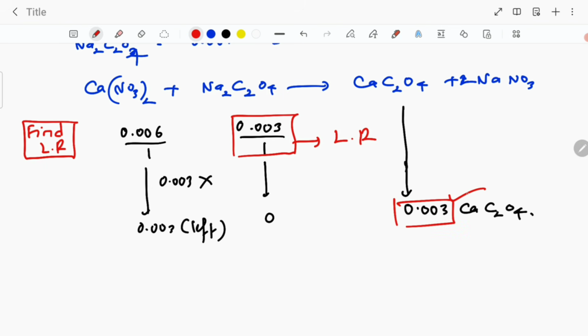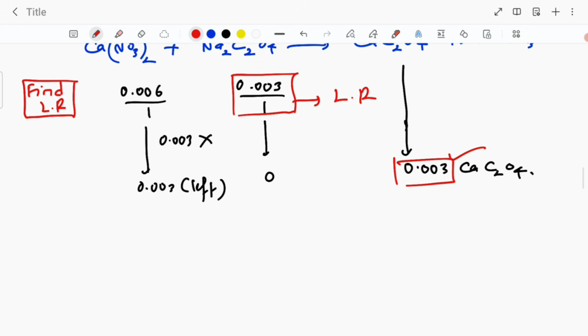Second option: after the reaction is complete, 0.003 molarity of Ca+2 will remain in excess. Let us see. Molarity of calcium nitrate after the reaction is equal to the moles left, 0.003 moles, over the total volume.